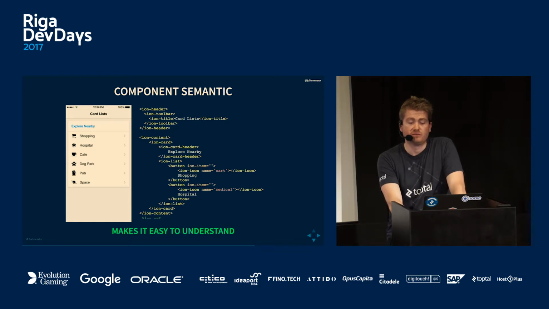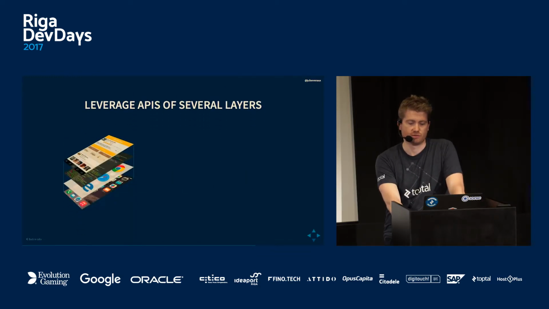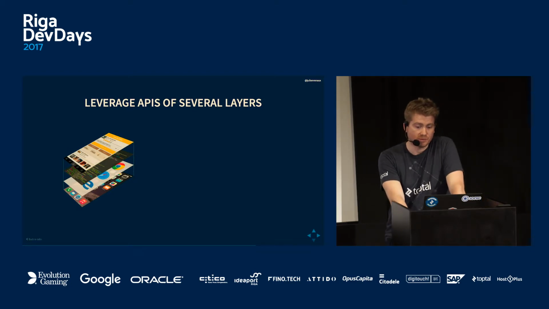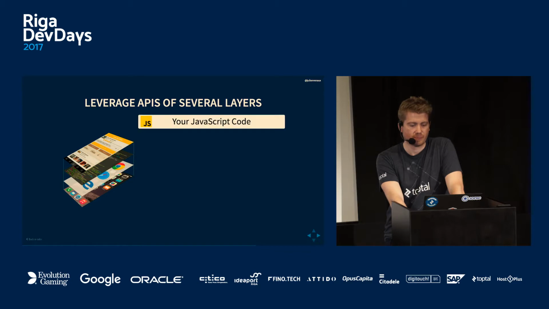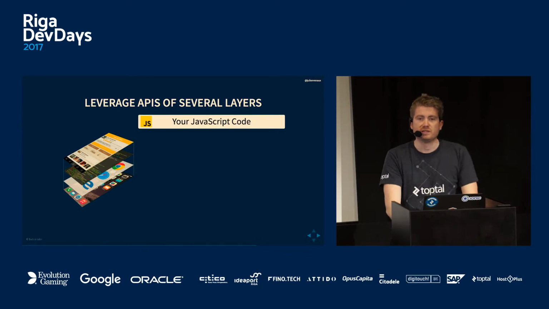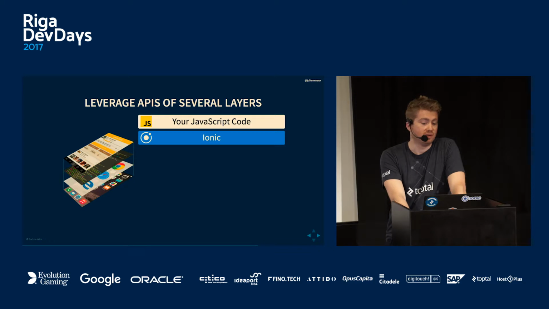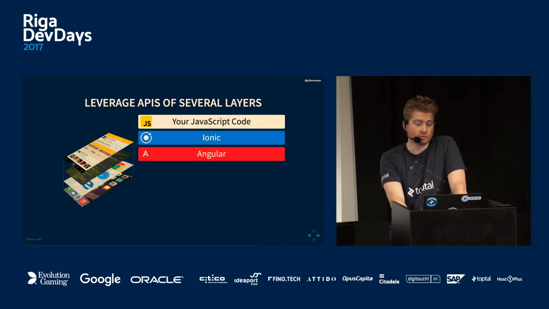With Ionic, you can leverage the power of several layers of awesomeness. First, you have your JavaScript code that is on top of everything. And your code sits on top of Ionic, so you can use any Ionic components or services. Ionic being based on Angular, you can also reach Angular features such as the HTTP module to make HTTP requests if you want.